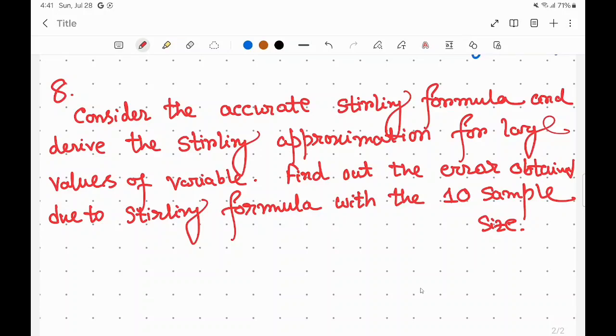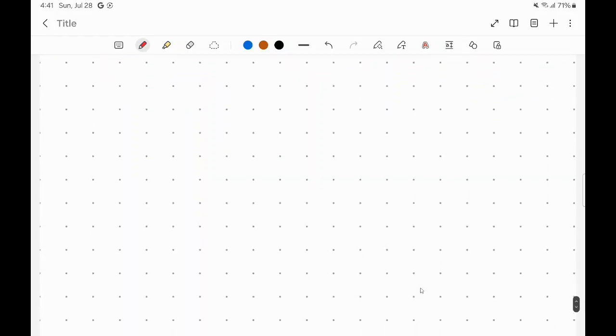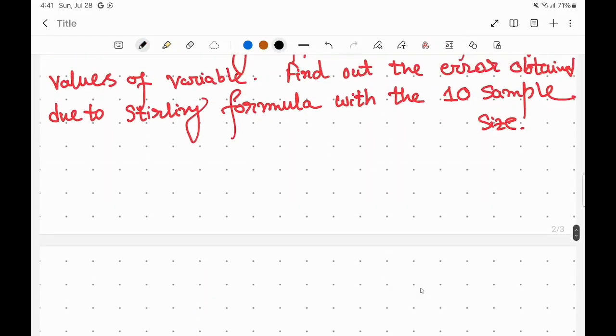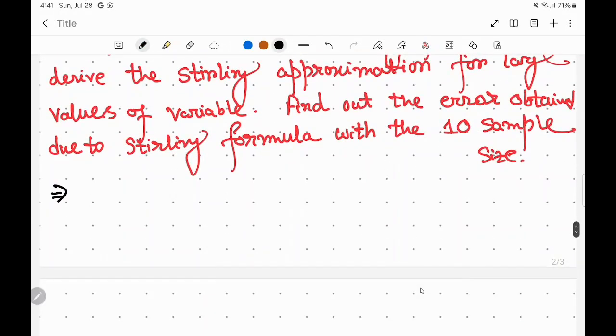First you have to write down the actual Stirling formula, that means not the approximation, the formula. So what is the formula? You know x factorial, x is a variable, obviously. x factorial is essentially root over... ln x minus x, no, that is the approximation.